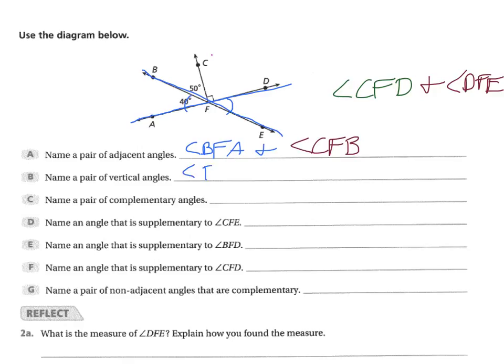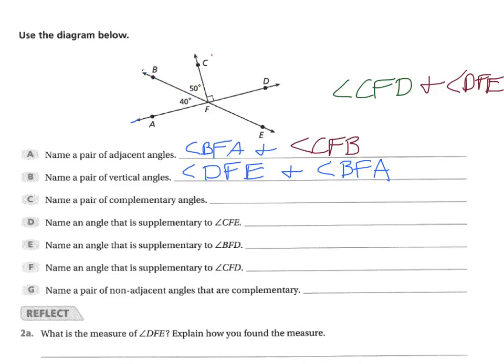So angle DFE and angle BFA are also vertical angles. You know, we could talk about these angles. These angles also are congruent and vertical. So if you want to put BFD, which is this angle, and AFE, which is this angle, yes, those are congruent. And they're also vertical.